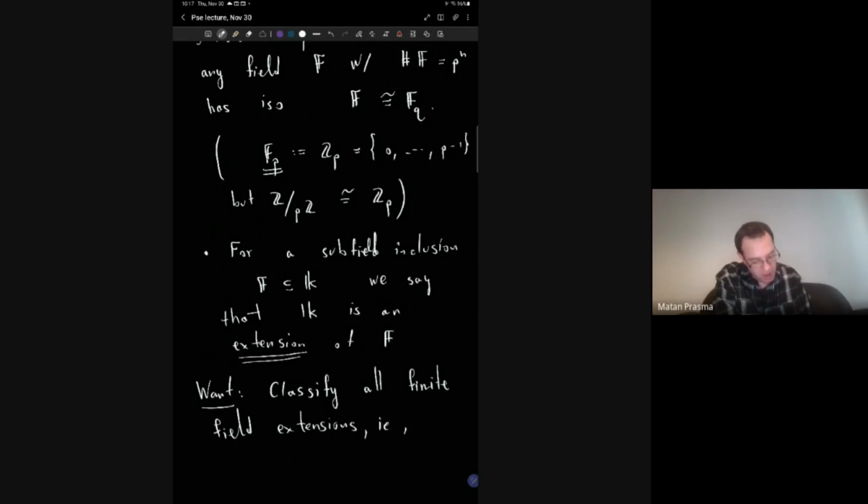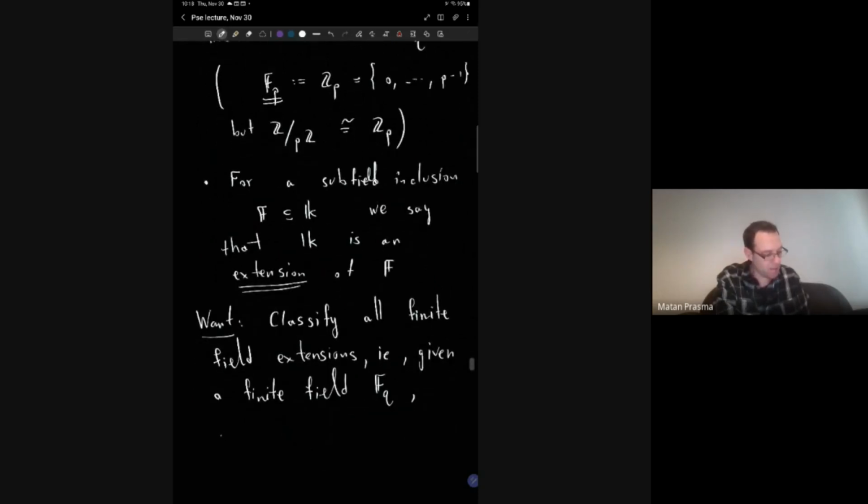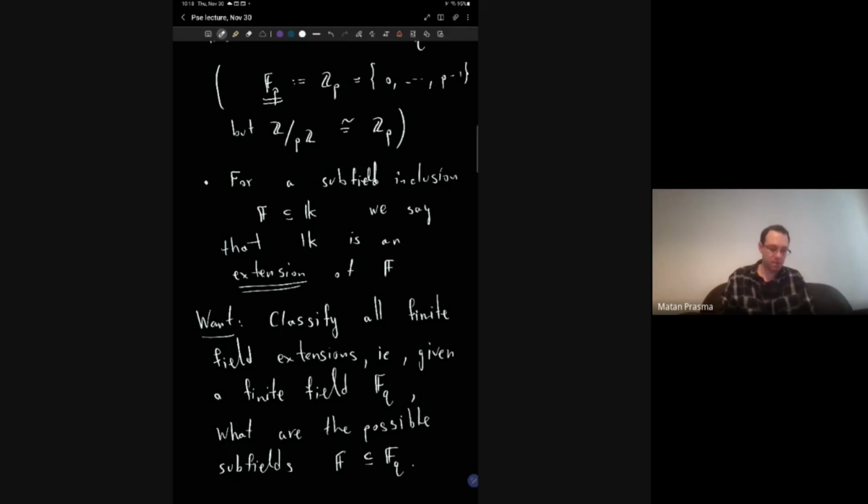That means, given a finite field, let's say F_q, what are the possible subfields F inside F_q?